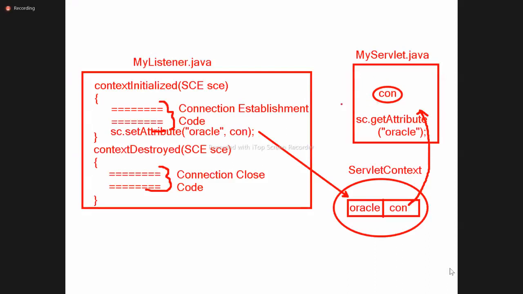After that, whenever you undeploy, this context is destroyed. Whenever it is destroyed, again an event is generated and passed to this method. Your connection is closed, then it vanishes. The connection vanishes, everything vanishes. So whenever you click on the deploy button, the connection is established. Whenever you click on the undeploy button, the connection is closed. All of this is done automatically. Now, ready?